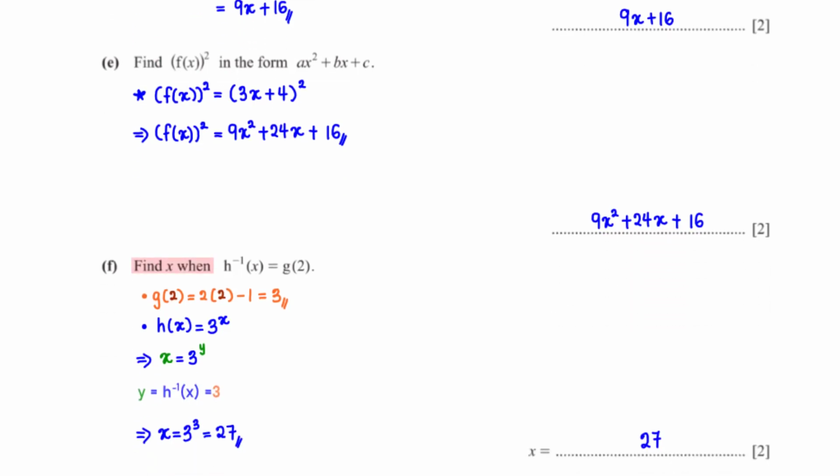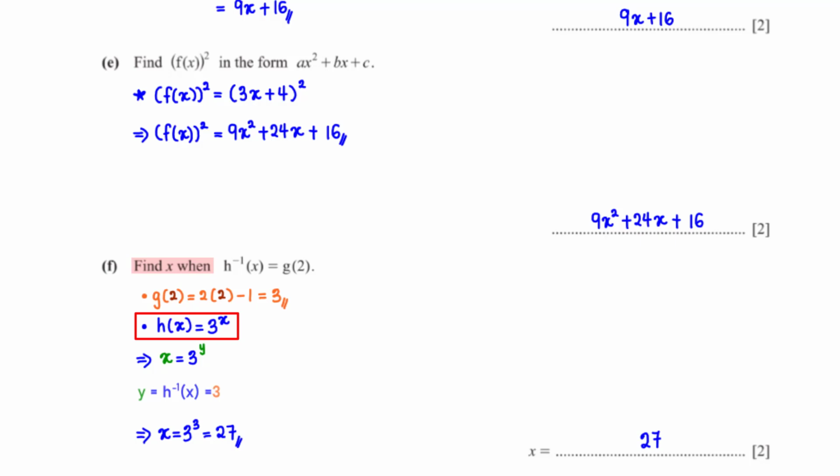Find x when h inverse of x equals g of 2. First, let's find g of 2. To get g of 2, we replace x in g of x with 2. This gives us 2 times 2 minus 1, which is equal to 3. Now let's find h inverse of x. We know h of x is 3 raised to the power x.